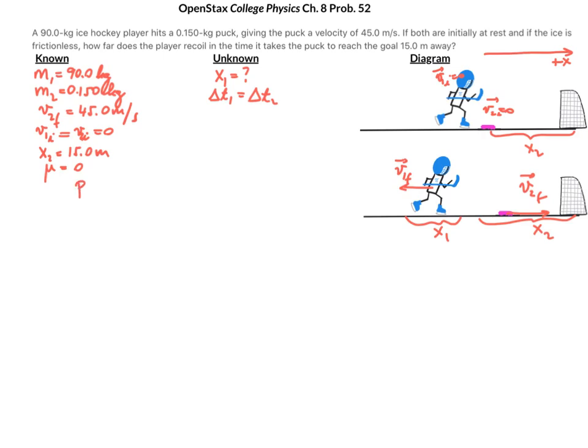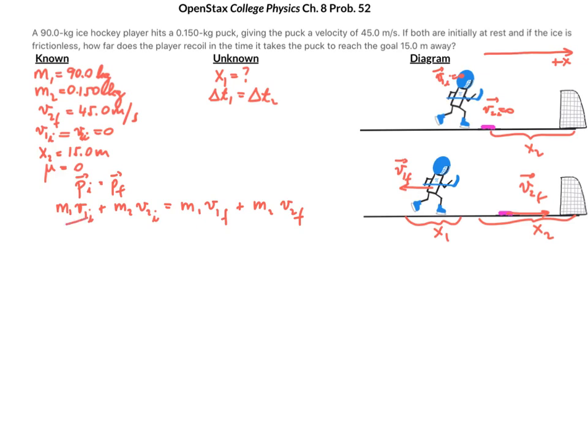So let's start out by writing initial momentum equals final momentum. And since it's one-dimensional, I don't have to keep the vector symbols. So I have, before the collision, the mass of the hockey player times the velocity initial of the hockey player, plus the mass of the puck times the velocity initial of the puck, is equal to the mass of the hockey player times the hockey player's final velocity, plus the mass of the puck times the puck's final velocity.